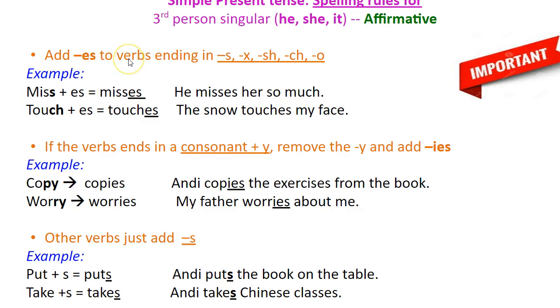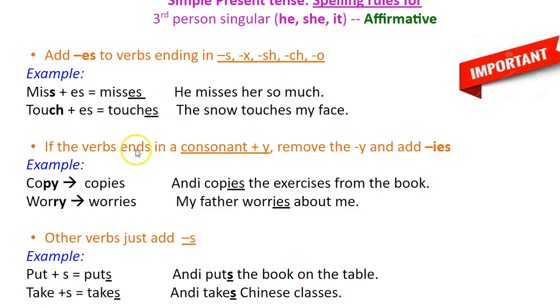Now, if the word ends in s, x, sh, or ch, or o, instead of just adding s, like we usually do for third person singular, we add es. So miss, since it ends in s, we add es, and it becomes misses. Touch ends in ch, we add es, touches.